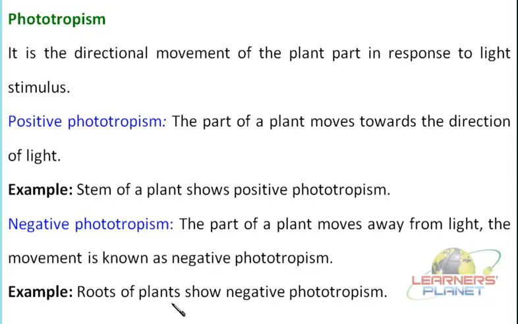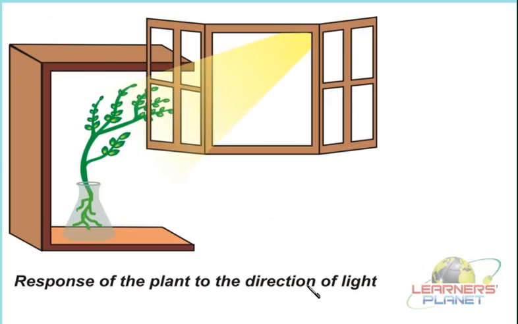So here we can say that the stem shows positive phototropism, whereas roots show negative phototropism. This point can be justified with the help of a small experiment. You can conduct it at your home also. If you keep a seedling or a plantlet in a beaker or a conical flask, or any object having a transparent wall, and it is dipped in water, because we have to study the pattern of roots also, right?